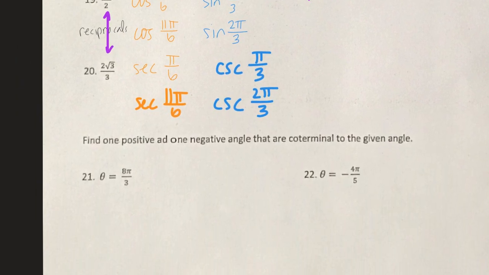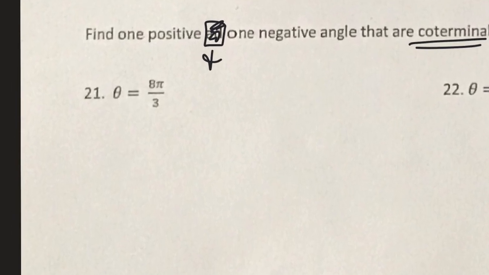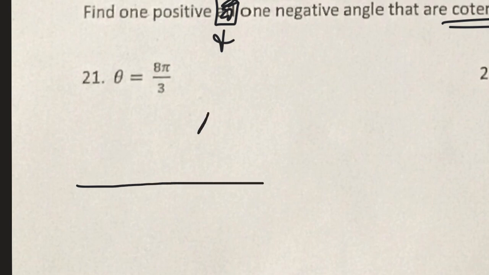So our last questions are about coterminal angles. Okay, so if we put a graph of 8 pi over 3, we're going to break our circle into 6 equal parts. Right, that's what it means to have pi over 3, dividing 180 into 3.